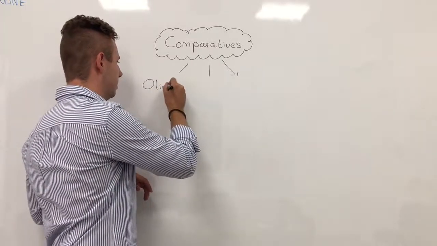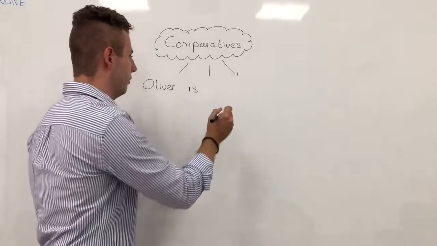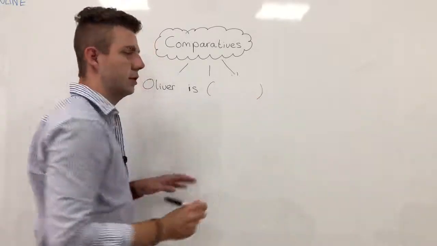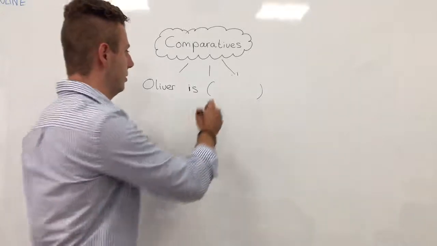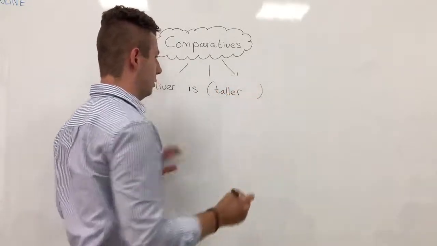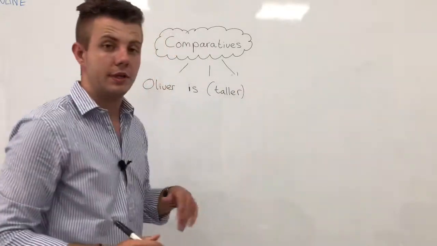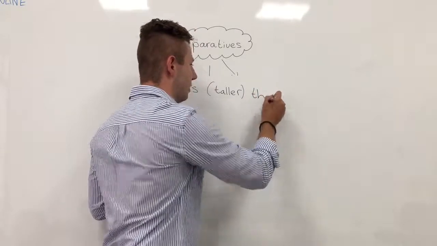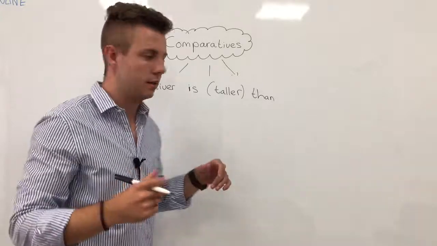Oliver is, then here is where you would put your comparative adjective. In this case, it's taller. Then we use than, which would be que en castellano. Oliver es más alto que Karen.